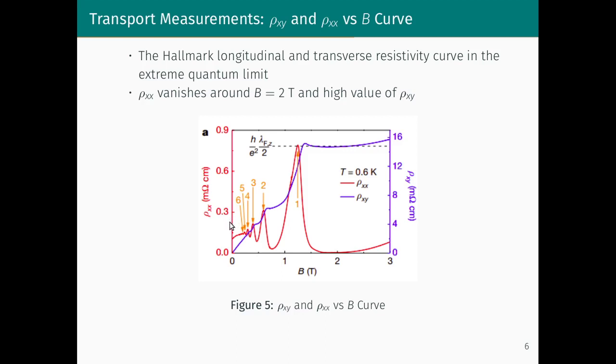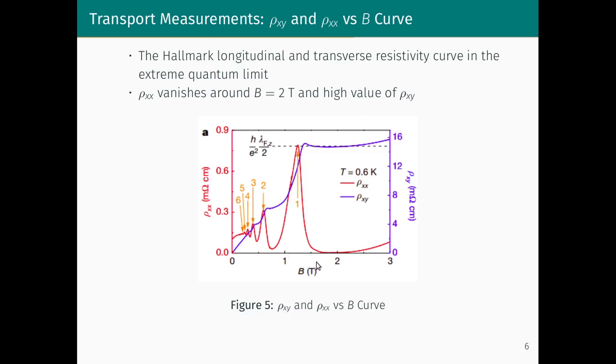And rho xx also shows an oscillatory nature with the peaks coinciding with the transition where rho xx goes from one peak to another peak. So you could see here rho xx is well positioned where plateaus are changing, this plateau to this plateau. Hence, these are the characteristics of quantum Hall effect in 3 dimensions.